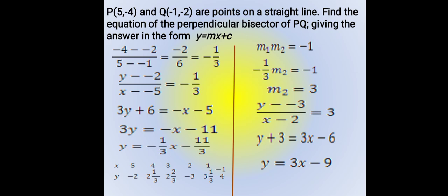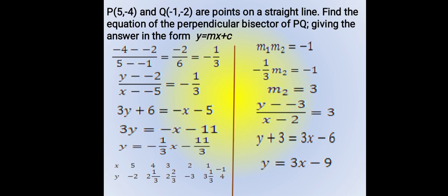Now, when x is 4, the value of y is -2 and 1/3. When x is 3, the value of y is -2 and 2/3. When x is 2, the value of y is -3. When x is 1, the value of y is -3 and 1/3.